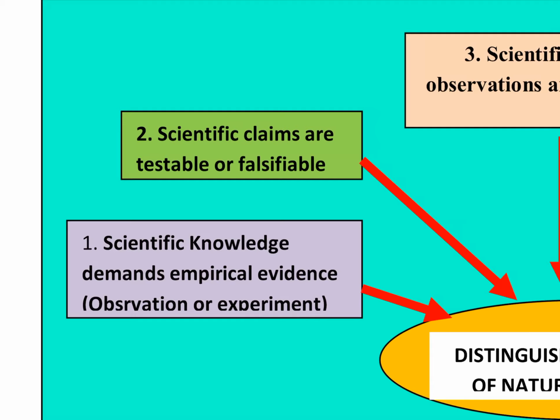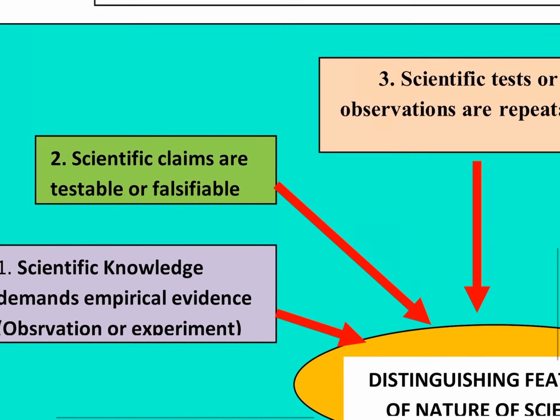Like in science, lots of factual knowledge and conceptual knowledge are available in the science book, and that knowledge has come from continuous observation. You can check the spelling here, observation, and also by doing experimentation.